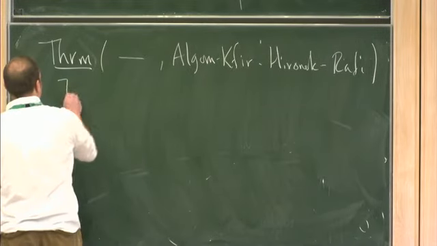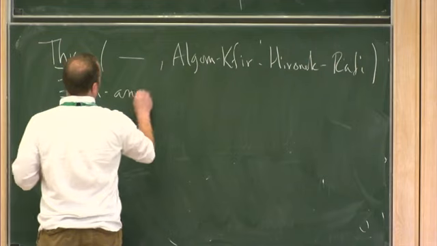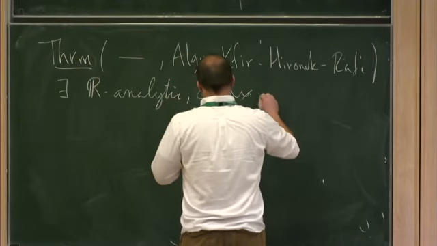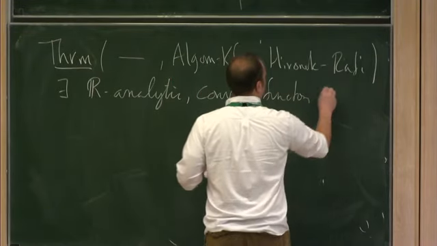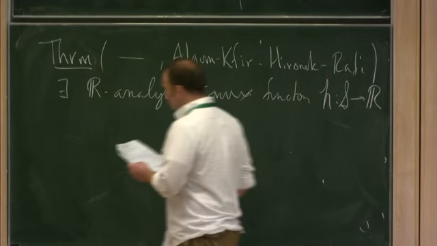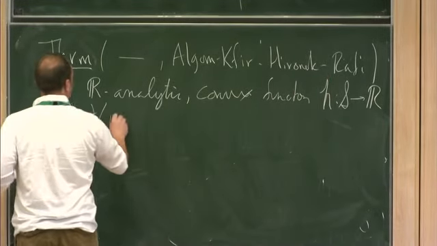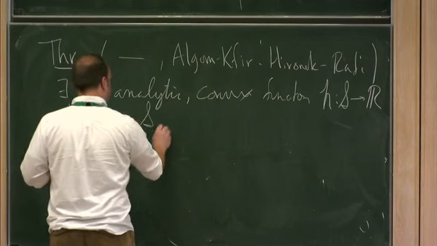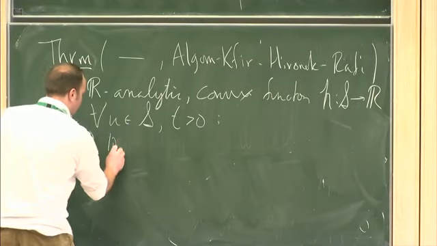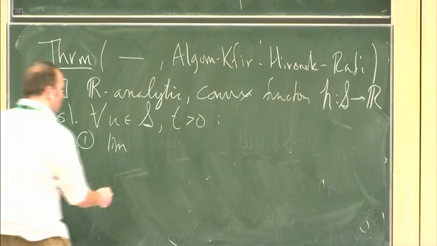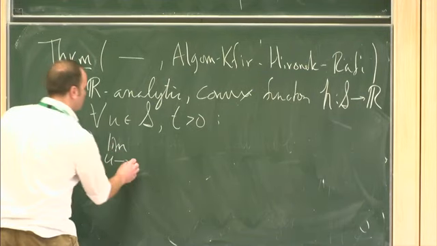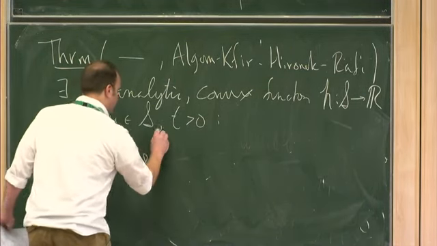So the theorem says there exists a real analytic convex function called H from S to R, such that for all u in this cone, and t bigger than 0, well, first of all, as u goes to the boundary of S, this function blows up.